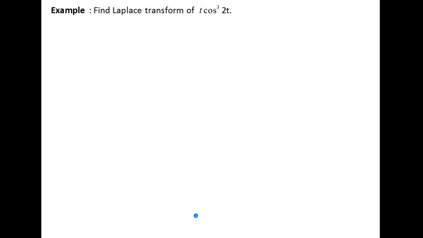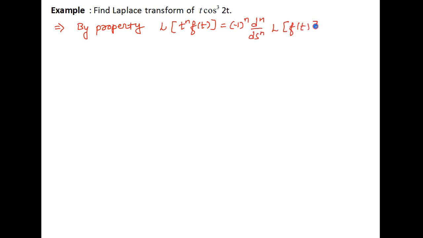Let's solve one more example here. Now to find the Laplace of t cos cube 2t. Here again the function is multiplied by t, so we can use again the property of multiplication by t. By the property, Laplace of t raised to n f of t is equal to minus 1 raised to n d^n upon ds^n Laplace of f of t.